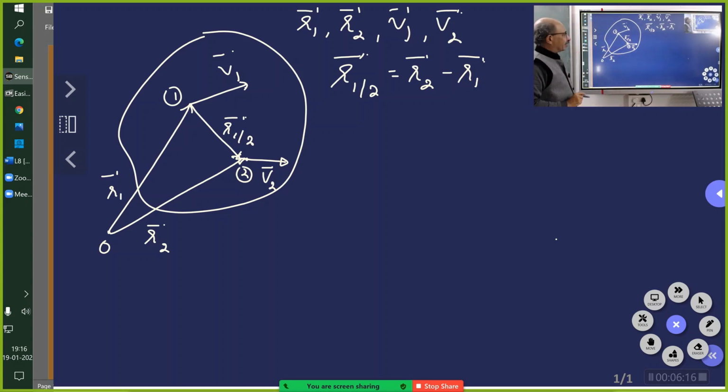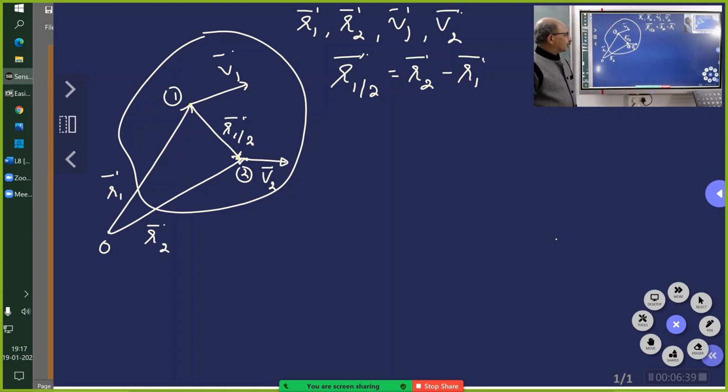Alright, having drawn this vector, the next thing that you can exploit here is that now you've got a line. R12 bar represents what? A line from 1 to 2.